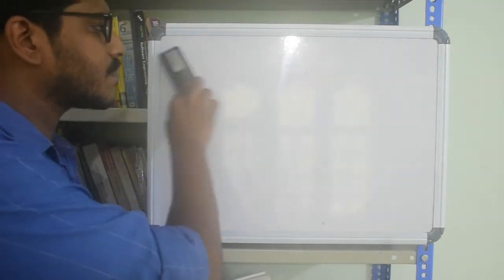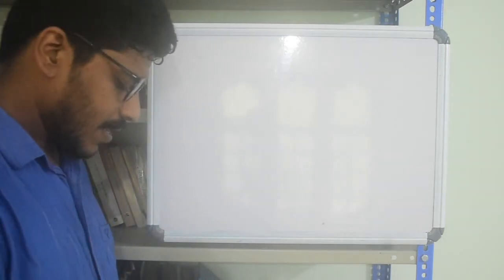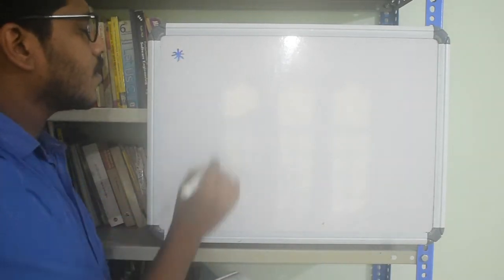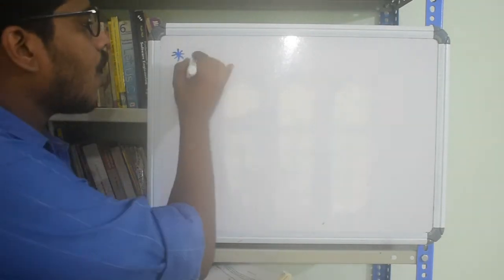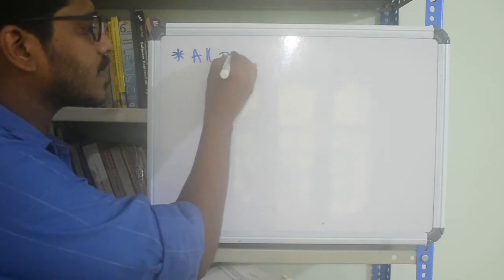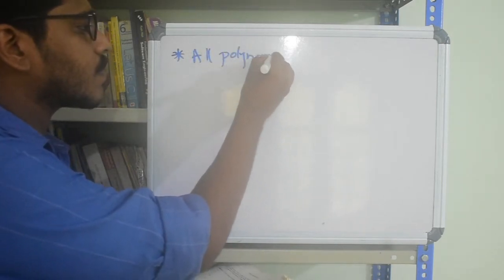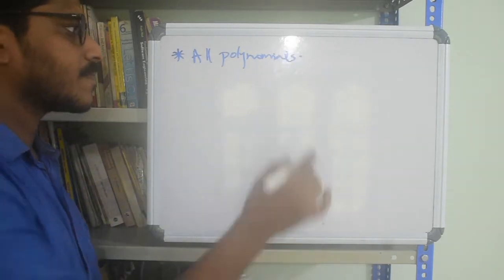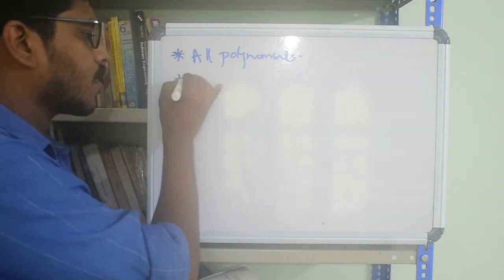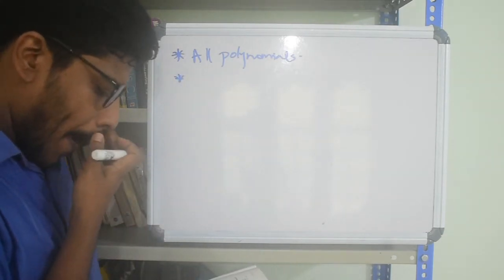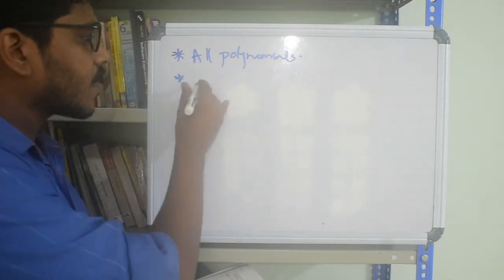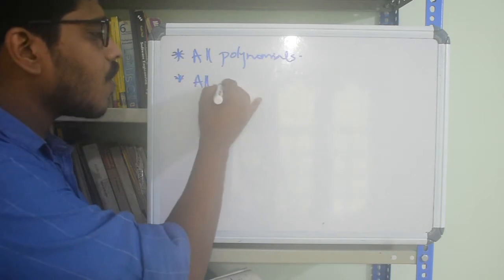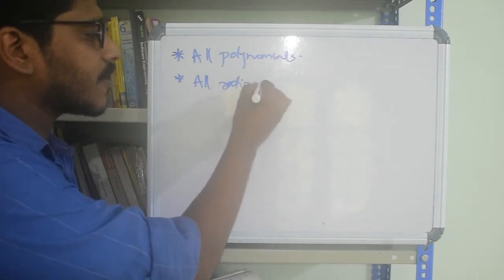Before examples, let's examine a few properties of continuous functions. Property number 1: all polynomial functions are continuous. Second: all rational functions are continuous.